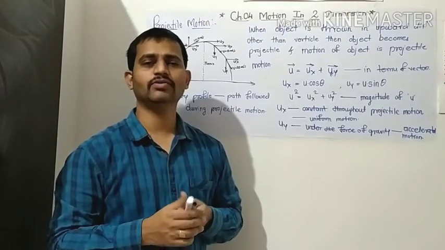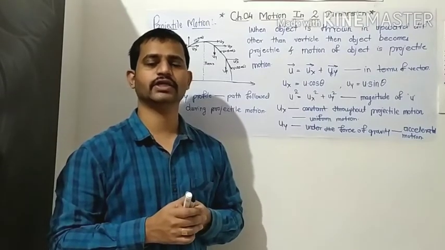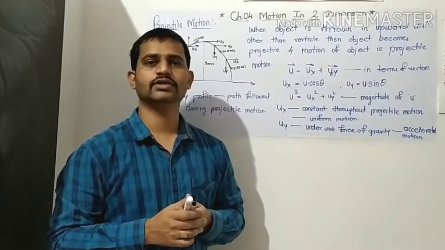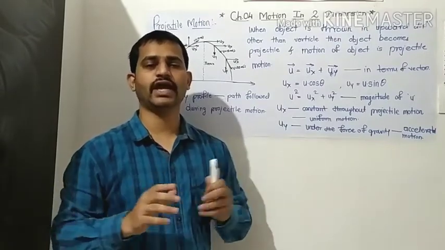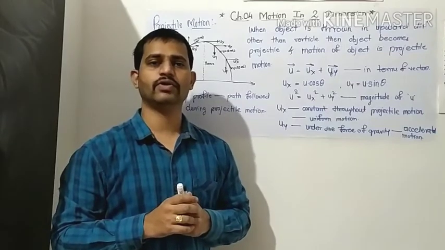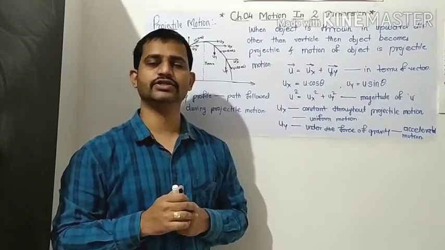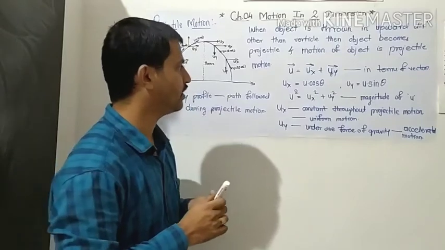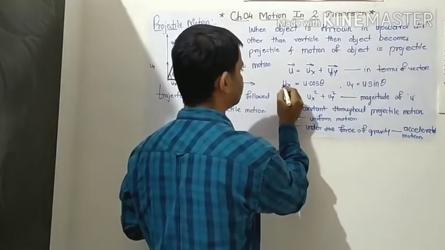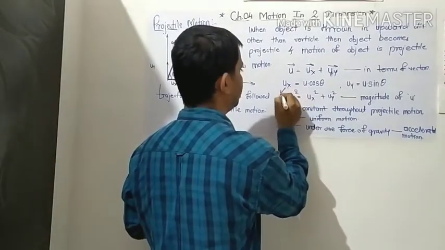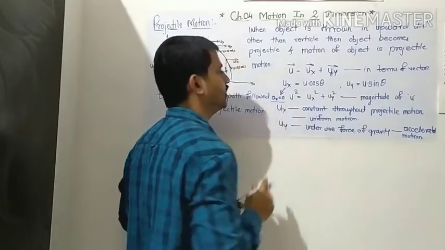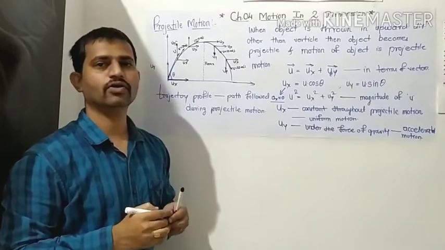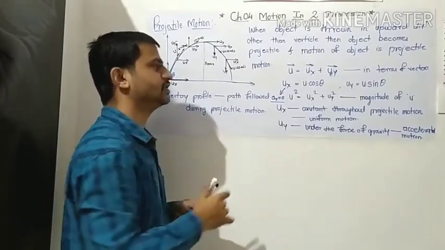If we think about the acceleration in the horizontal direction, we come to know that the velocity is constant there, and as there is no force acting along the horizontal component, the acceleration is 0. So along the horizontal component, the acceleration ax is equal to 0.